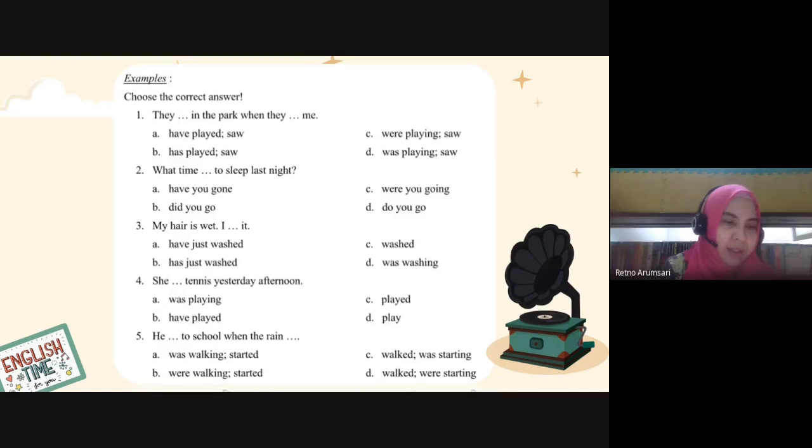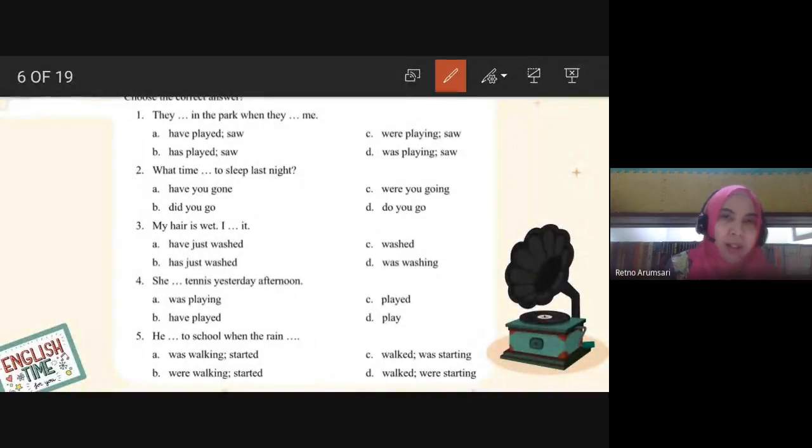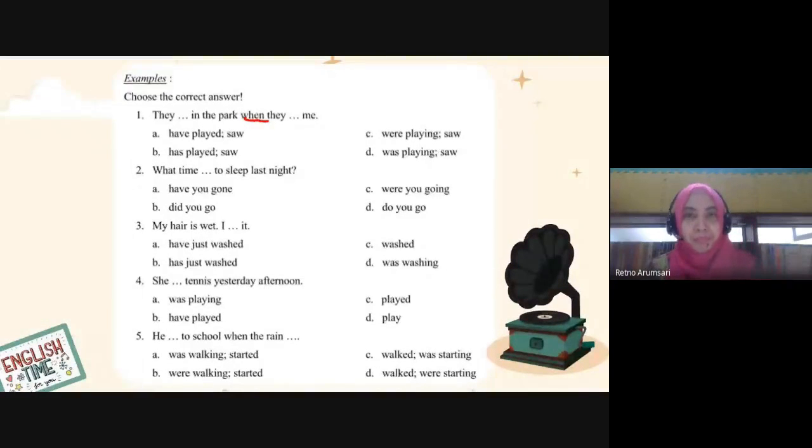All right, so let's find the clues together, guys. 6C, what is the clue here? First, there are two blanks in the sentence, which requires the verb. And then, second, the clue is when. When you have when in the sentence, the answer is most likely in past continuous and past simple. So which one is it, Aaron?